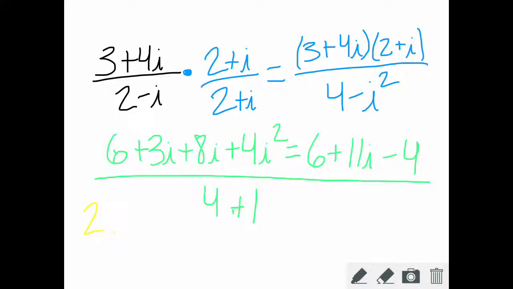So now to do all the common terms added together, it's going to be (2 + 11i) over 5. And now you want to separate them. So it's going to be 2 over 5 + 11 over 5 i. And that is your answer.